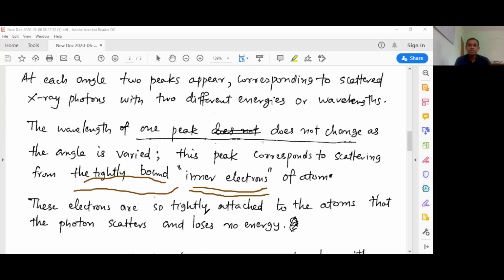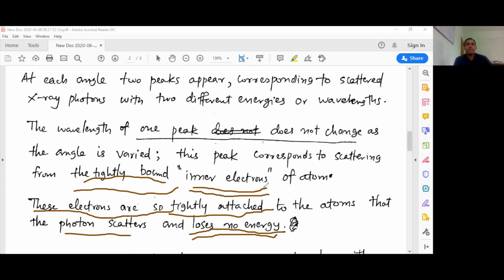These electrons are so tightly attached to the atoms that the photons are scattered by the electrons, but the photons do not lose energy, because the electrons cannot move. They are very tightly bound to the atom. So this explains the first peak, the incident wavelength at all scattering angles.